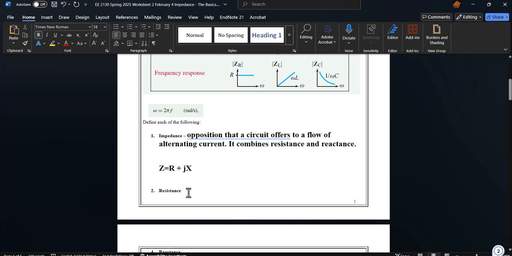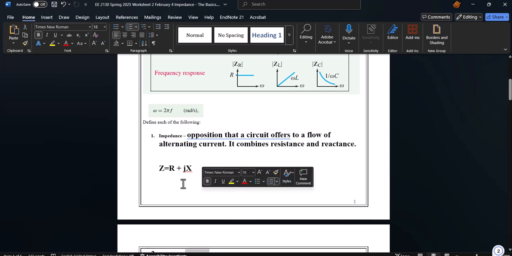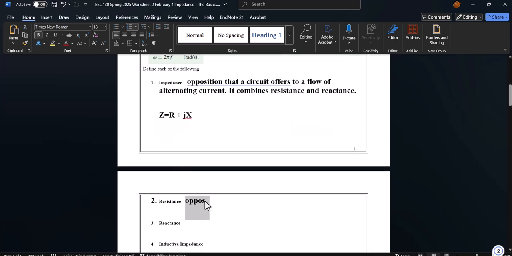So resistance, you know resistance, it's opposition to a flow of DC current.